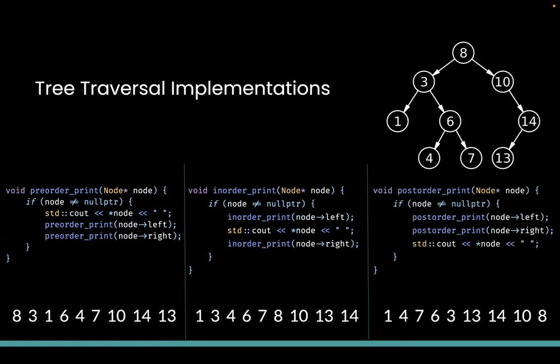The last algorithm, which is the most tricky, probably the least intuitive, is called post-order traversal. So specifically, starting at the root node, you visit all of the left subchildren and all of the right subchildren, and then once a node has had all of its children visited, that's when you can print it. So you start at 8, 3 to 1.